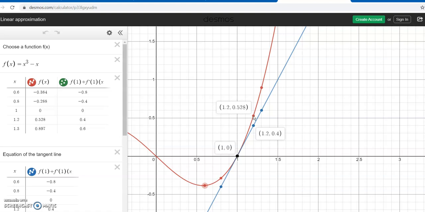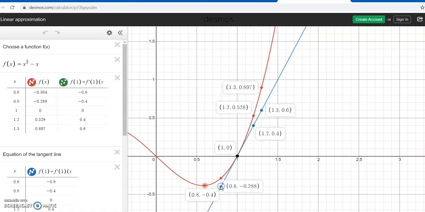Now, even if we get closer to the point of tangency, we want to verify what's going on. Is the value of the function approximately equal to the tangent line function? Are they getting bigger as we move away from the point of tangency, or getting closer together?